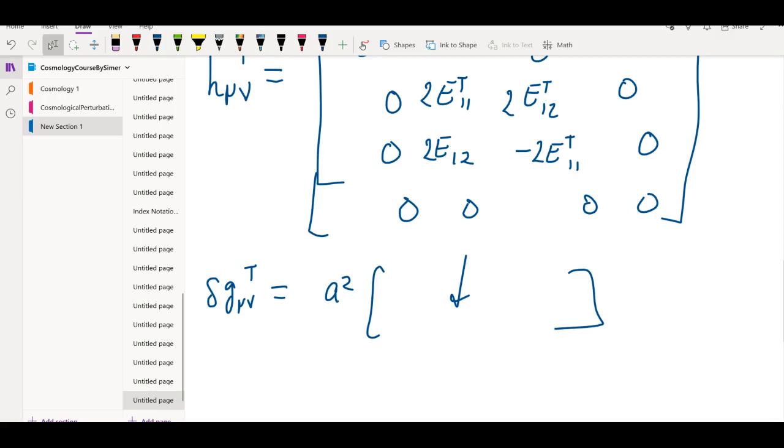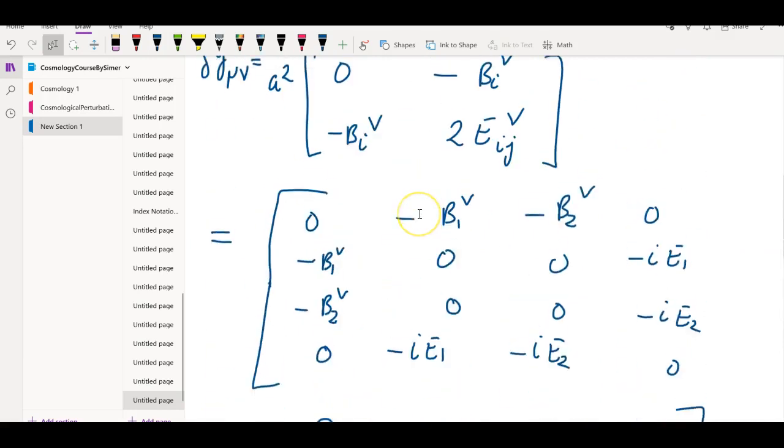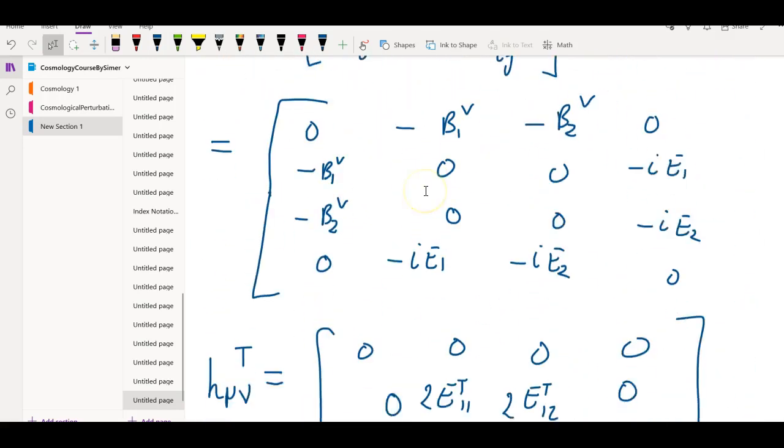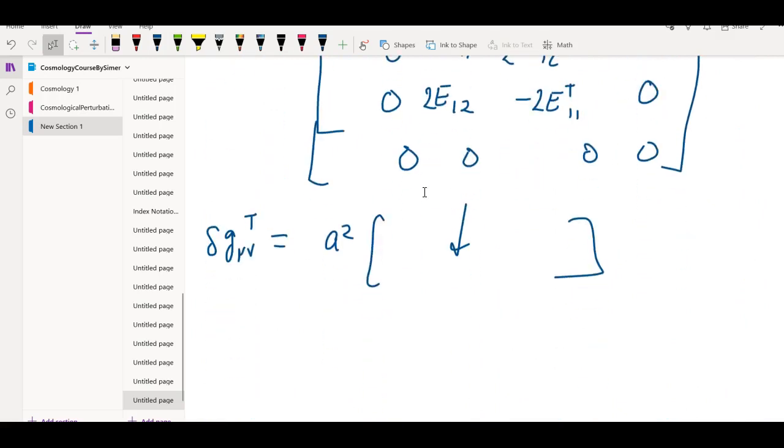We would like to see this separation in more detail, and for now I think what we have covered so far is good enough for us to make further progress in understanding the scalar perturbations, which is the main goal for now.